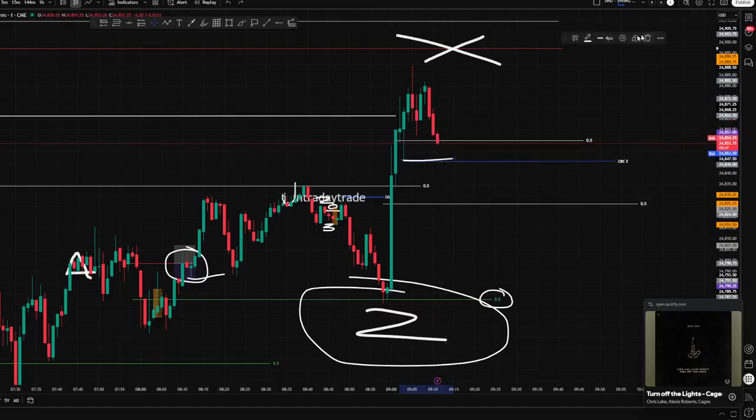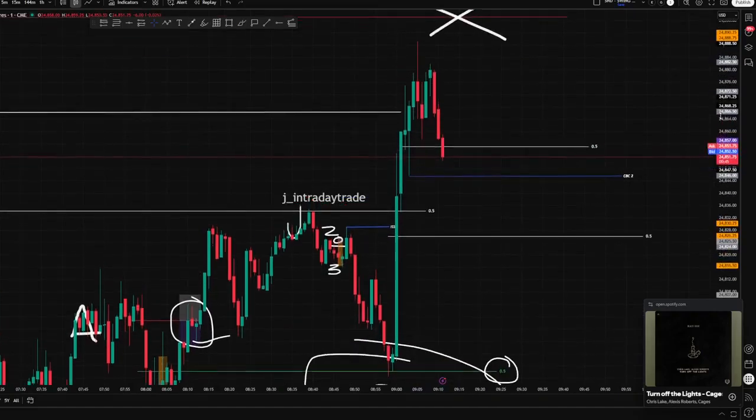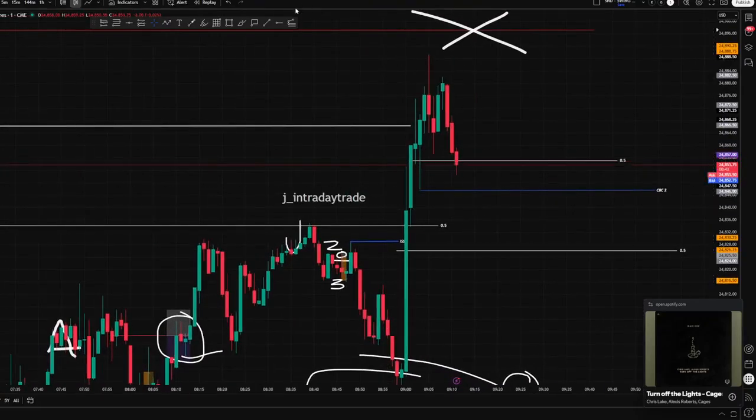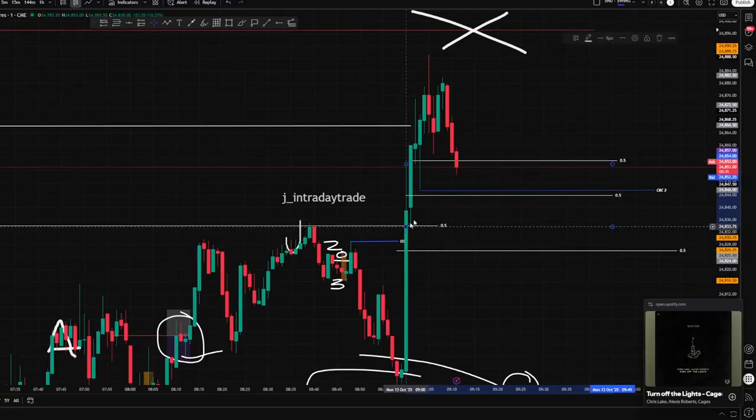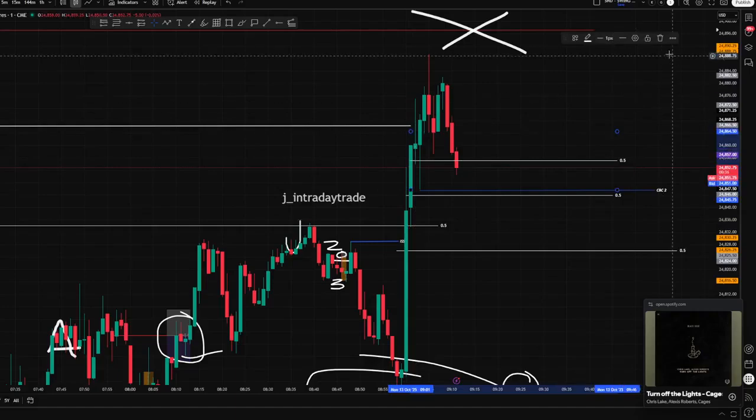That so you can get a perspective on it. What you could do as well is just this thing right here, which is most likely the 50 it's going to tap into, so get rid of that.